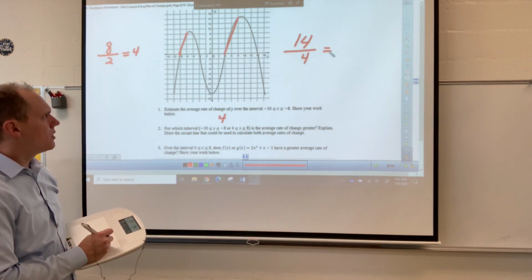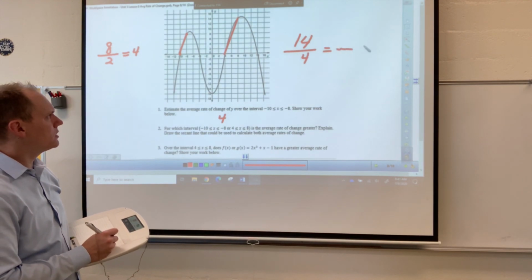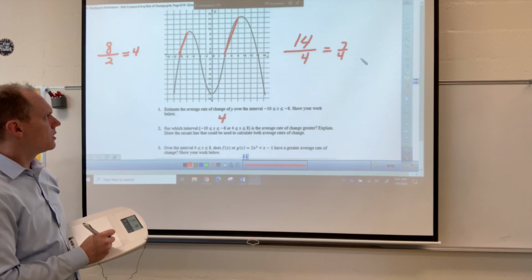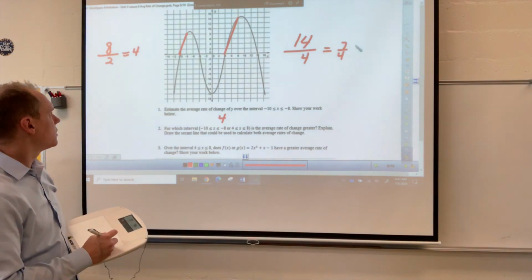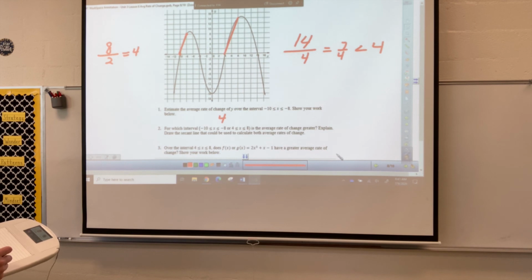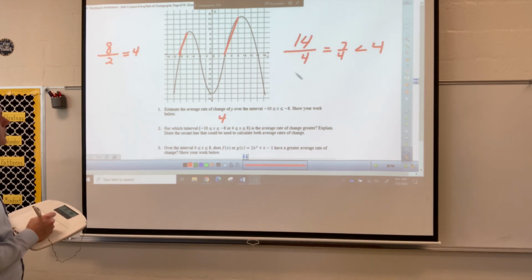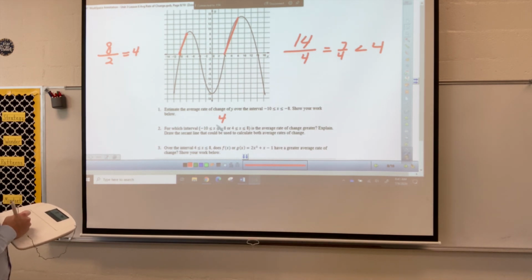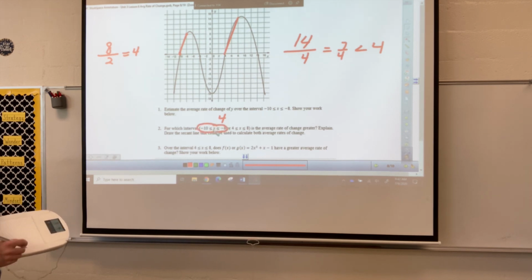It's going to be the same thing as 7 over 4, which is a little bit under 2. So it's going to be less than 4. All right, so the average rate of change for -10 to -8 is actually greater than from 4 to 8.